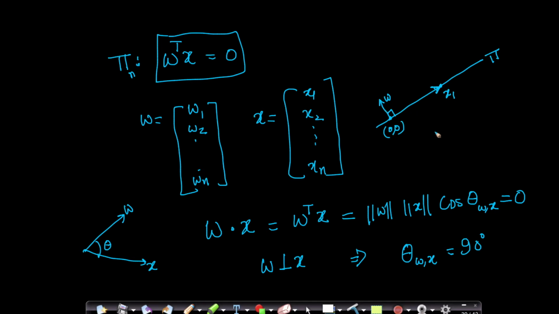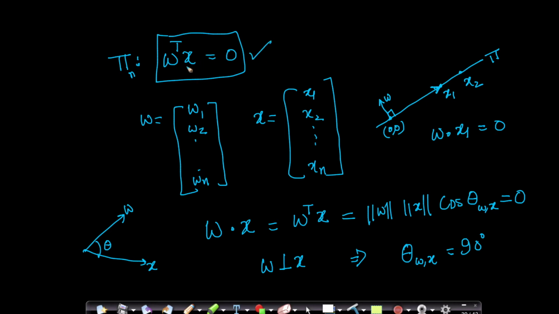Now, since these two vectors, W and x1, are perpendicular, W dot x1 equals 0. So for any point on this plane, if W is perpendicular to this plane, then W dot x1 equals 0. And that's what we are calling the equation of the plane.